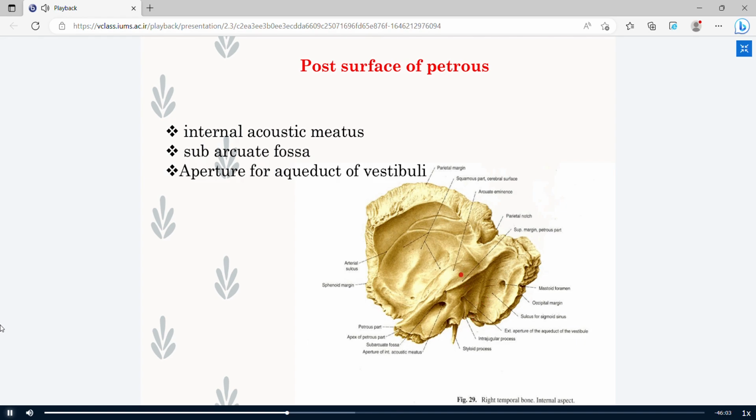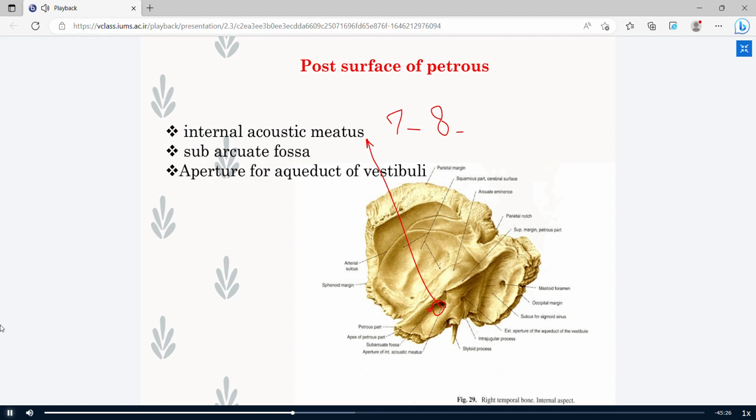And finally, in this slide, you can see the posterior surface of the petrous part. In the posterior part, there is an internal acoustic meatus or internal acoustic canal for passing the facial nerve and vestibulocochlear nerve, and the labyrinthine artery, which is very important.